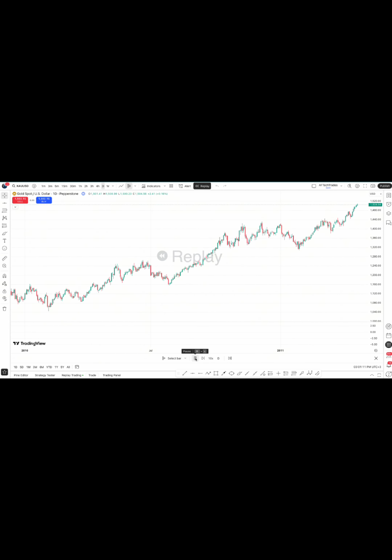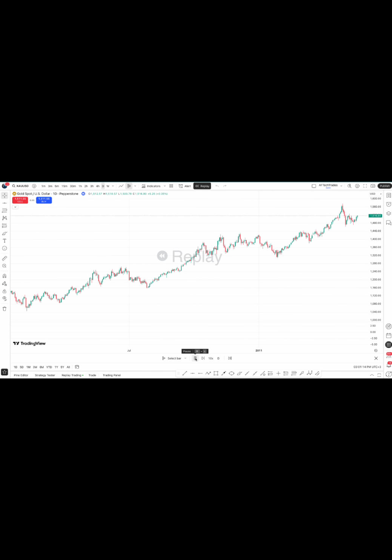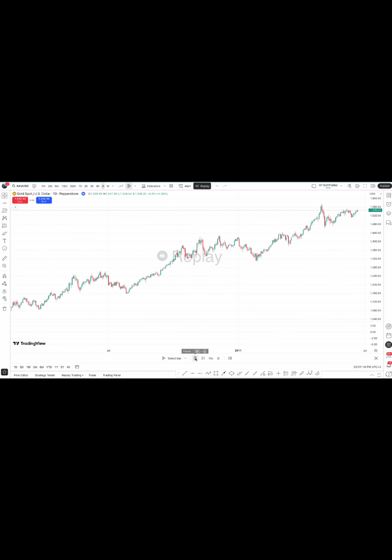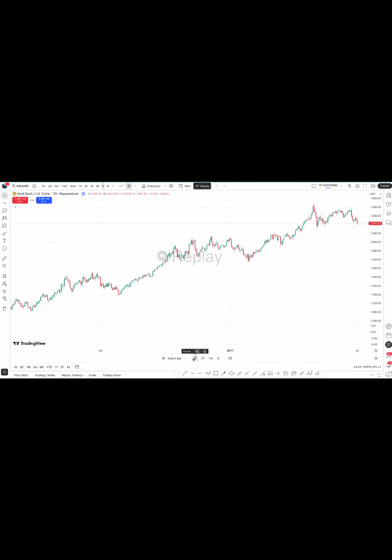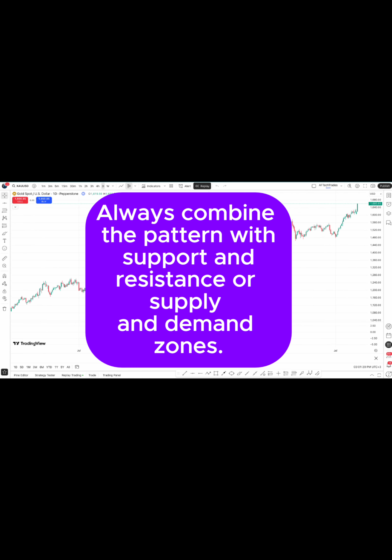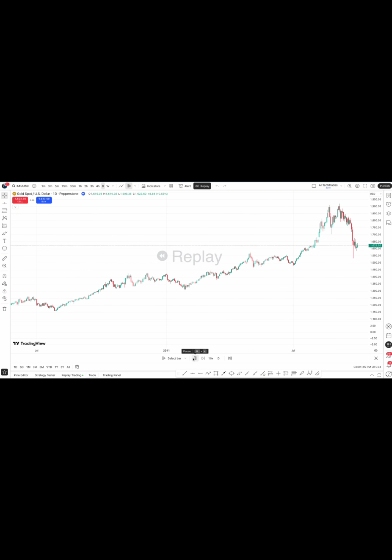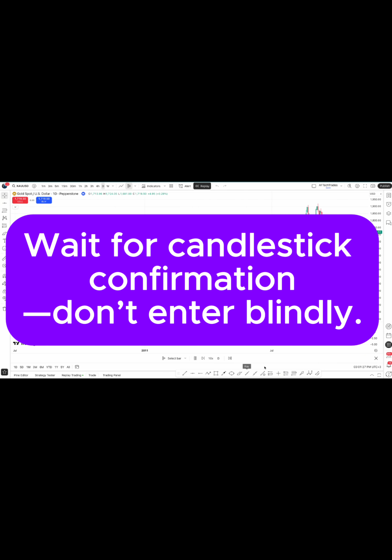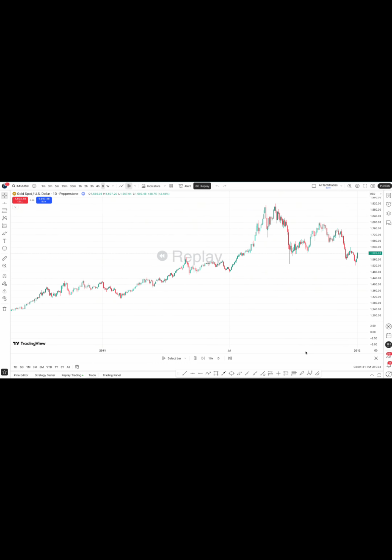So these are my tips for my beginners. Before you go hunting Quasimodos everywhere, keep these tips in mind, please. Always confirm the pattern with support and resistance or supply and demand zone. Also wait for candlestick confirmation. Don't enter blindly.